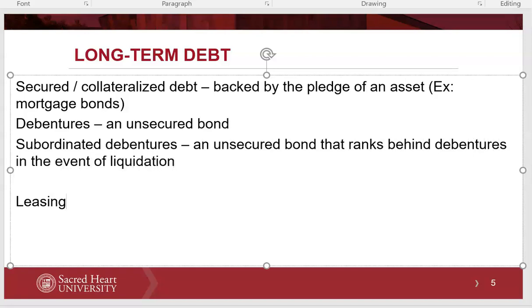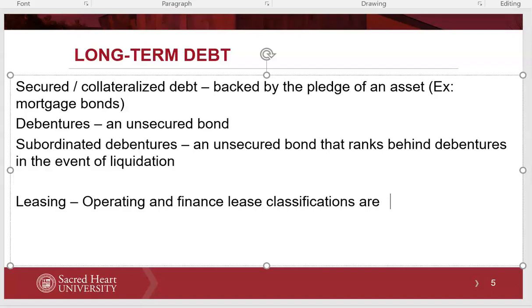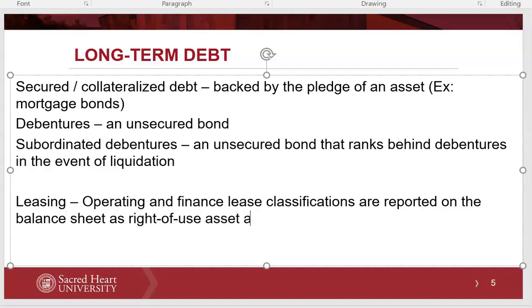Another type of debt is reported separately from debt or bonds payable, but it's leasing. Both operating and finance lease classifications are reported on the balance sheet as an asset, the right of use asset, and lease liability.